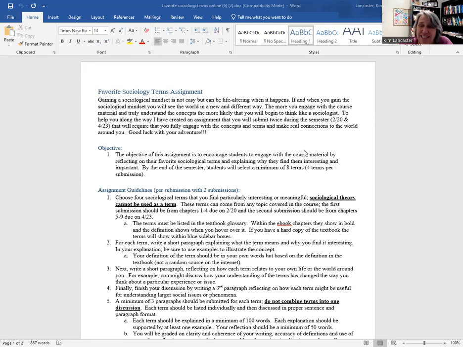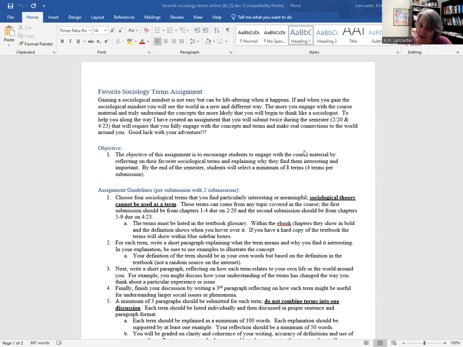For example, the term agency is a term that you will find in your textbook, but if you go online, there are multiple different definitions. I've had students use the wrong definition in relationship to how it is used in this course. So make sure that you are really paying attention to how our textbook discusses it.